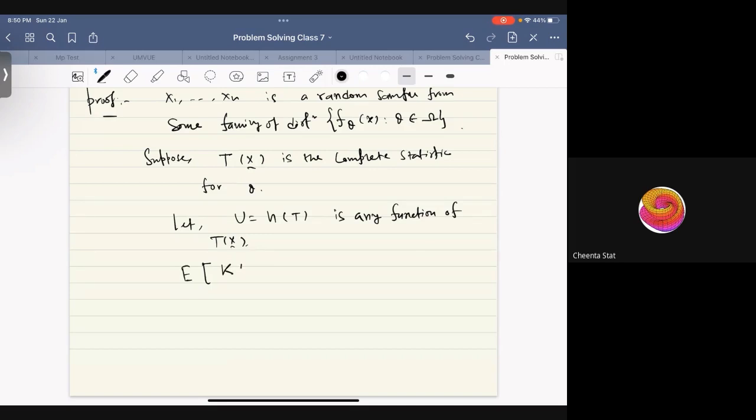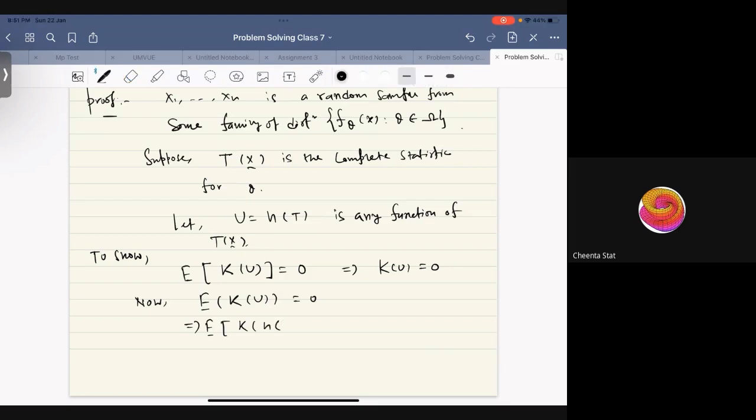So expectation of k(U) equal to 0, we have to show this implies k equal to 0. Now expectation of k(U) equal to 0 implies expectation of k(h(T)) equal to 0.